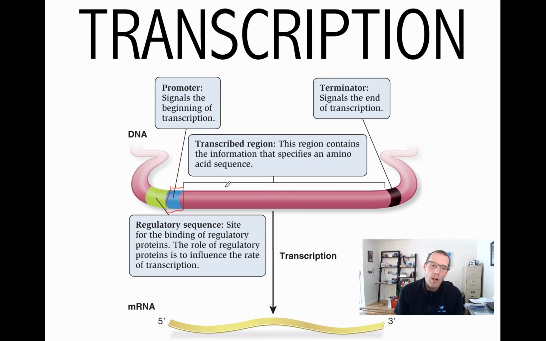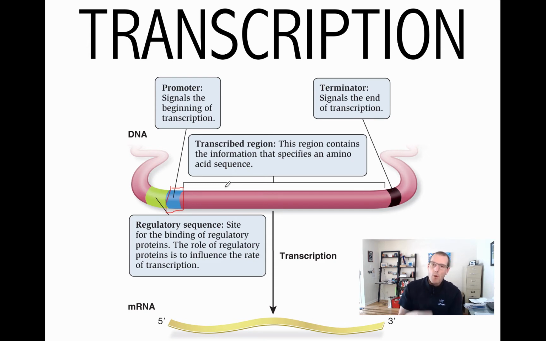So this all starts at a region called the promoter, and that signals the start of transcription. So there's a region of nucleotides that the polymerase can recognize, and it recognizes that and grabs hold of that sequence and binds to the gene, and that tells the enzyme, this is where you start transcribing. Start reading the information in the gene here. So that's the promoter.